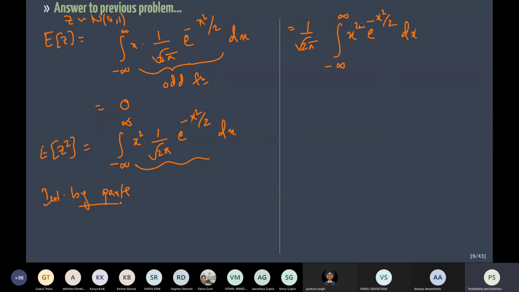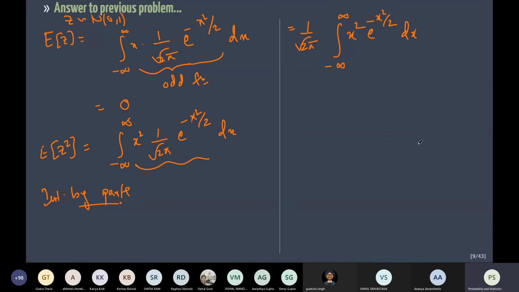What is the way to integrate this? This is even, that is clear, so I can simplify this: it is 0 to infinity, and then I multiply by 2, because of the even function.